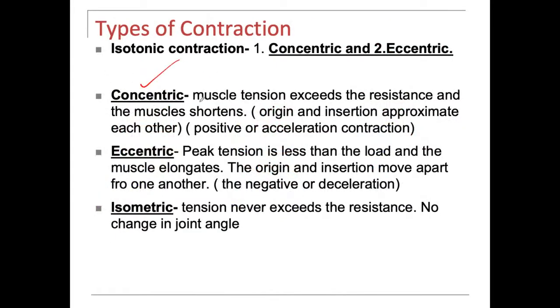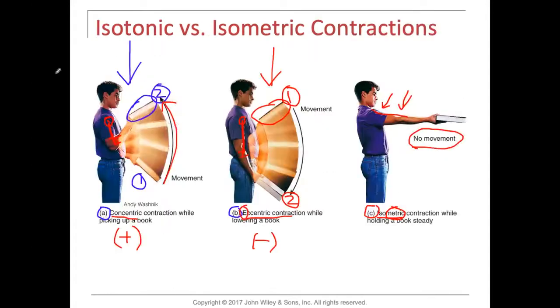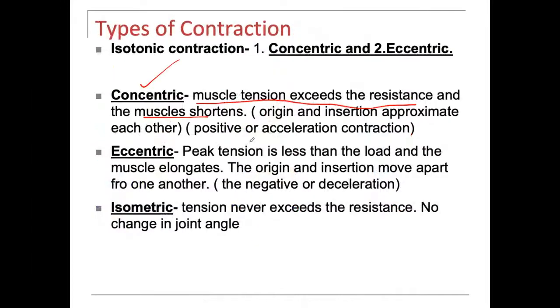So concentric contraction is when the muscle tension exceeds the resistance and the muscle shortens. That's what happened here. The origin and the insertion approximated each other. They shortened. We call that the positive contraction or the acceleration. Eccentric is when the peak tension is less than the load and the muscle elongates.